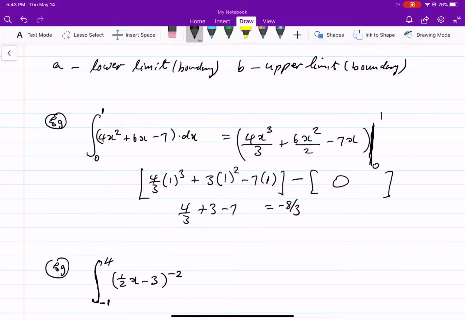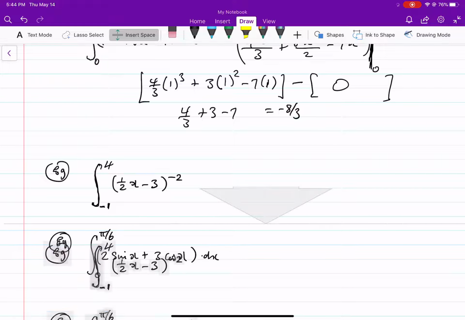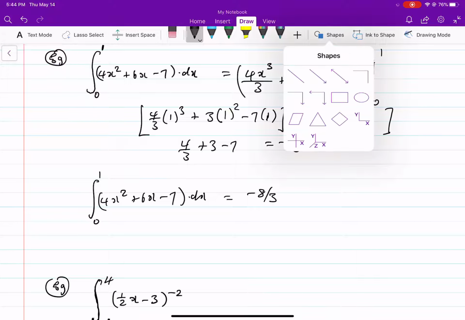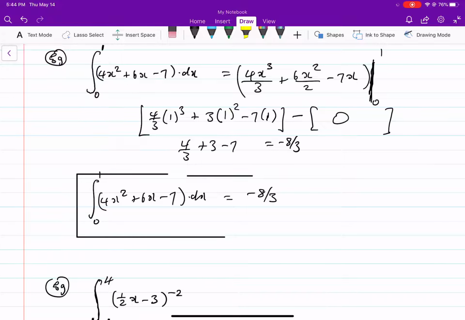So if I were to summarize, the definite integral of 4x squared plus 6x minus 7 dx between limits 0 and 1 is negative 8/3. Okay, that's that one.